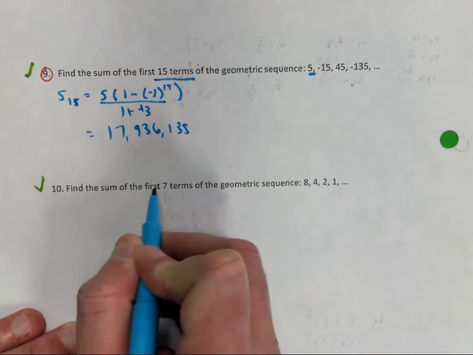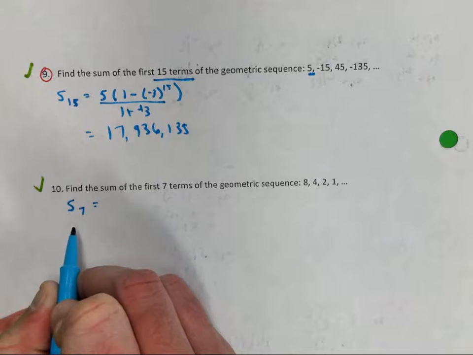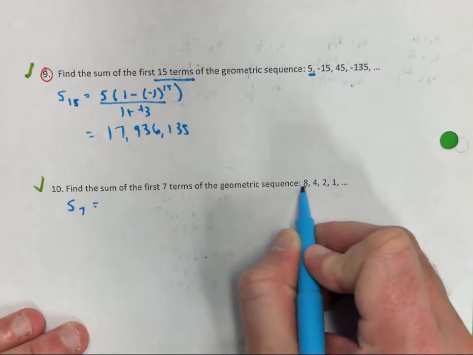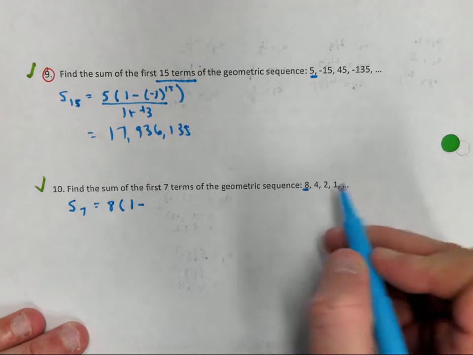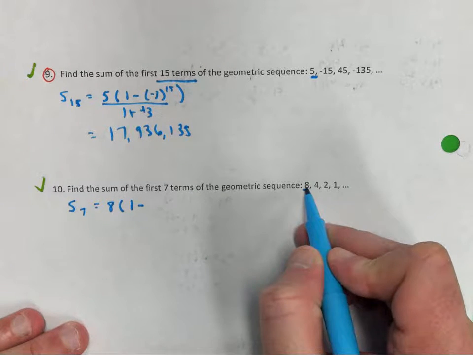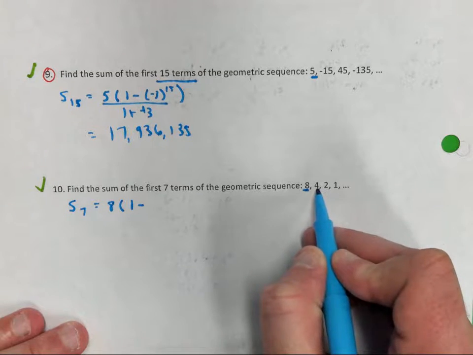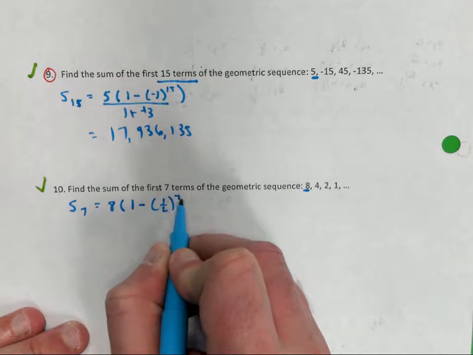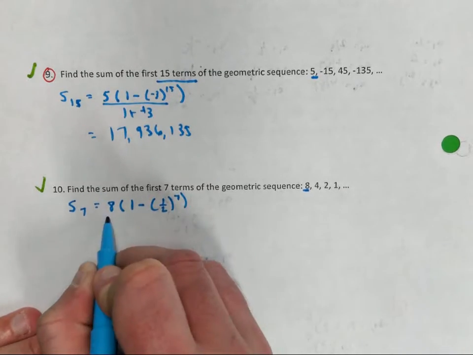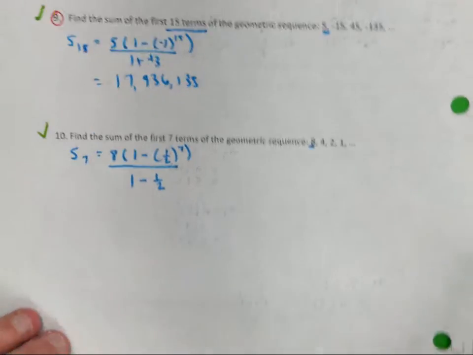Find the sum of the first 7 terms. S sub 7 equals A sub 1, which is 8, parentheses 1 minus, how do I find my R? 4 divided by 8, which is what? 1/2. Don't put 2 there now. Remember, the second one's got to come first. 4 divided by 8 is 1/2. 1/2 raised to the 7th. 1 minus your common ratio of 1/2.